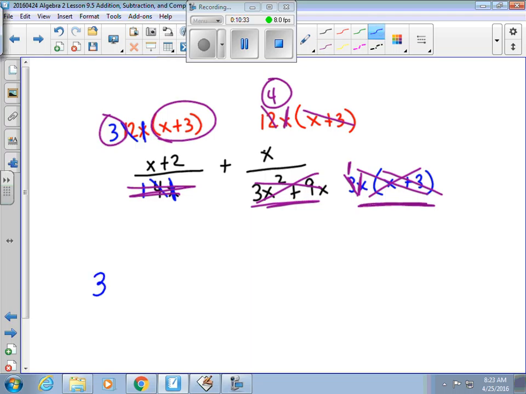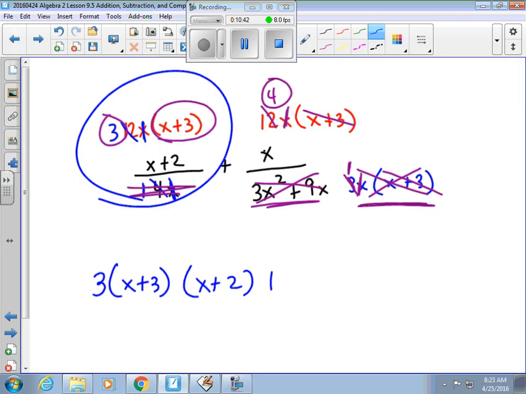We have 3 times x plus 3, and we have x plus 2. That's this fraction here. Plus, on the other one, we have 4 left, and we have x left. So all we have to do to simplify this is multiply.